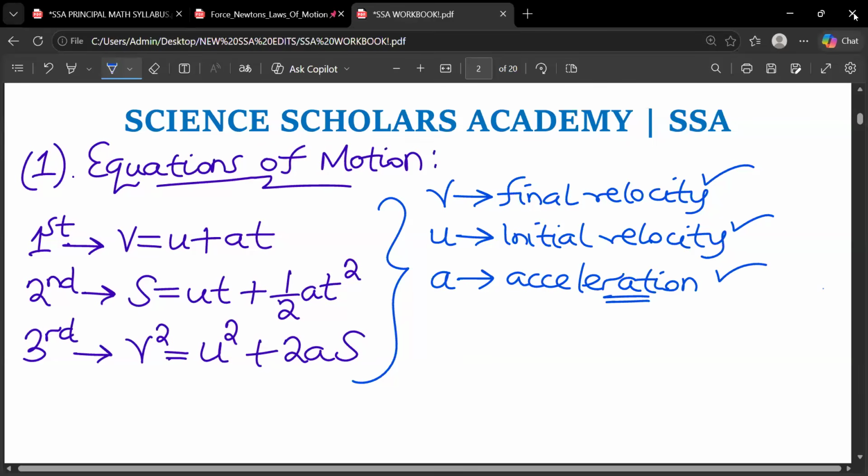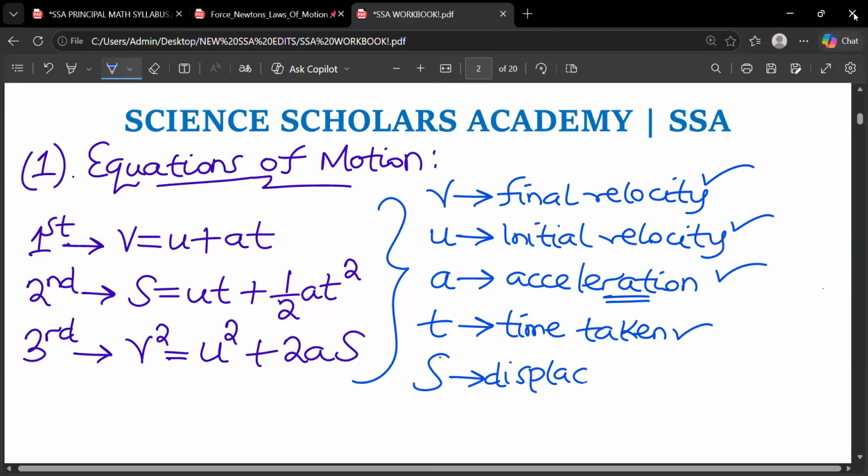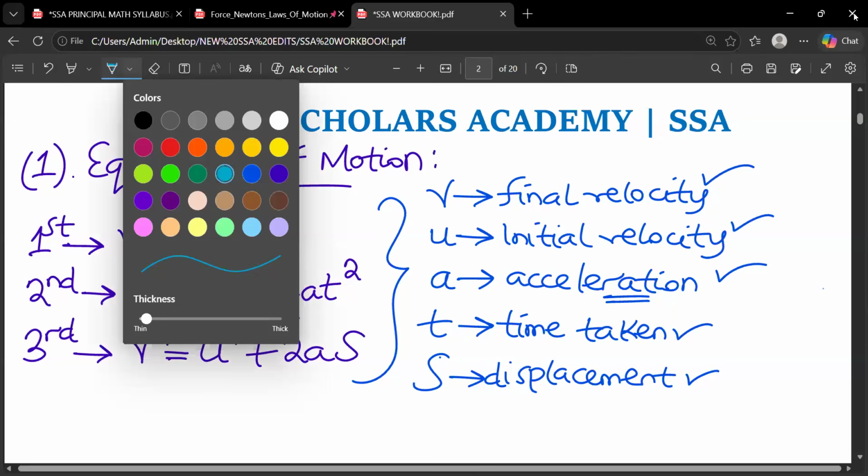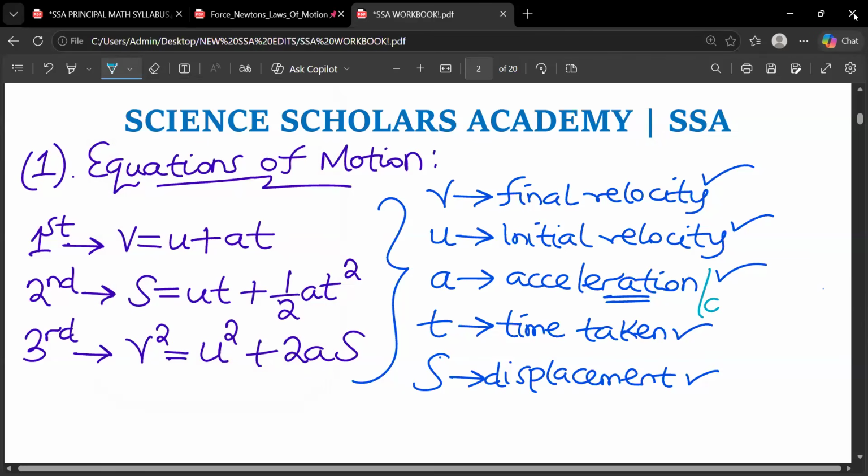Okay. Then the t, you said it is the time taken. What else can the a mean apart from acceleration? It can also mean deceleration, negative acceleration.